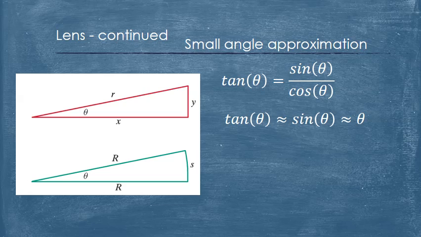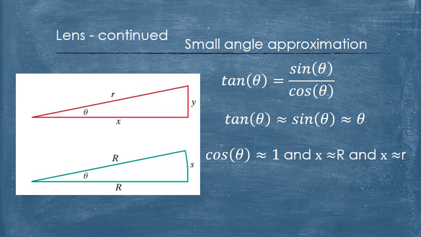That means cosine theta goes to 1, because cosine of 0 is 1. That allows tangent theta to be sine theta, and we can approximate even more: tangent theta and sine theta are equivalent to theta because it's so small.